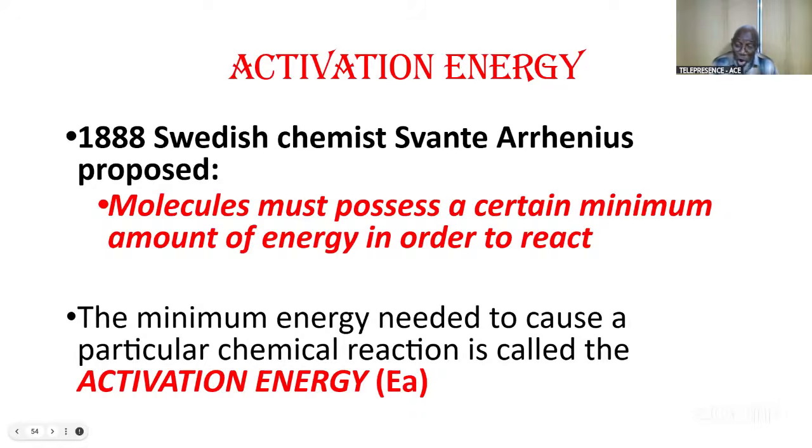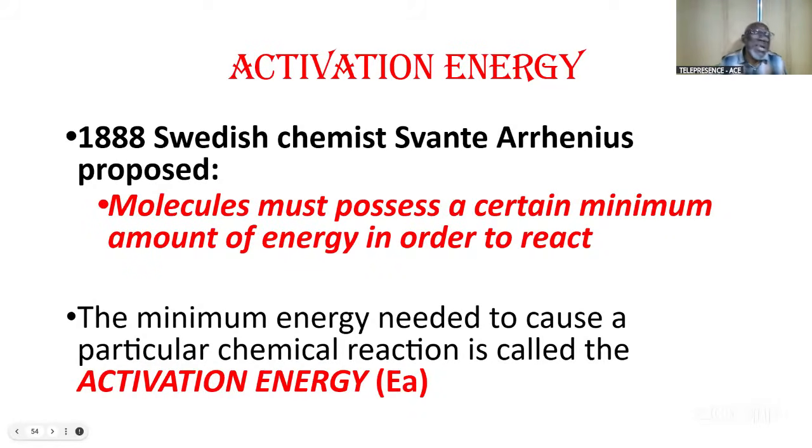So the second postulate of collision is telling us that for molecules to collide and get a result, they must have a certain minimum amount of energy in order to react. And the minimum energy needed to cause a particular chemical reaction is called the activation energy.